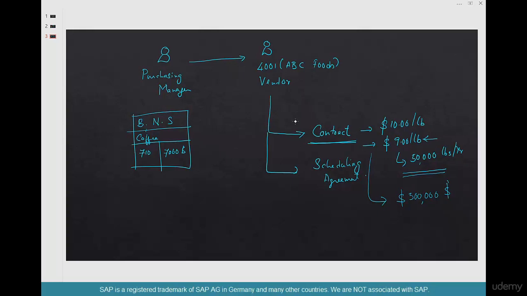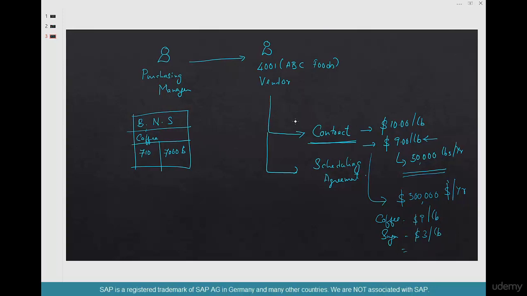And it could be anything: coffee, flour, sugar. And with that volume, I'm going to give you coffee at $9 per pound, sugar, say the regular price is 4, at $3 per pound, and so on and so forth.